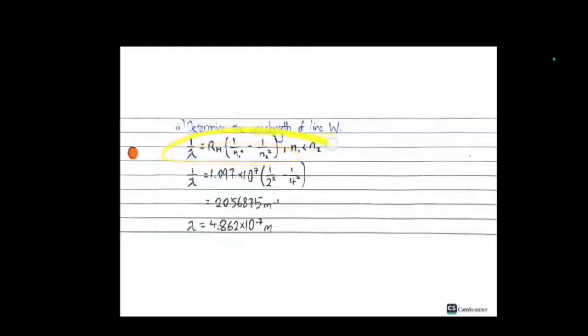Thus, we can just substitute into the formula in the chapter 2 lecture notes, where RH is a constant, and finally we find that the wavelength is 4.862 times 10 power of negative 7 meter. Remember to write meter as the unit. If we don't write the meter, we may deduct about 1 mark.